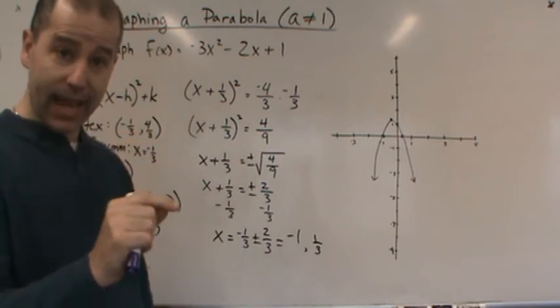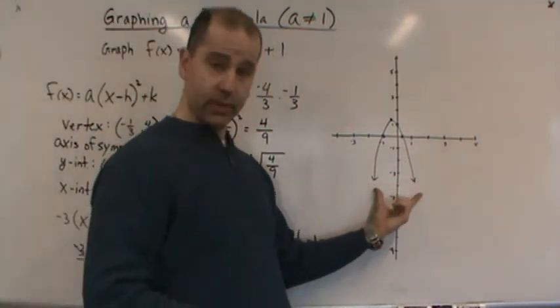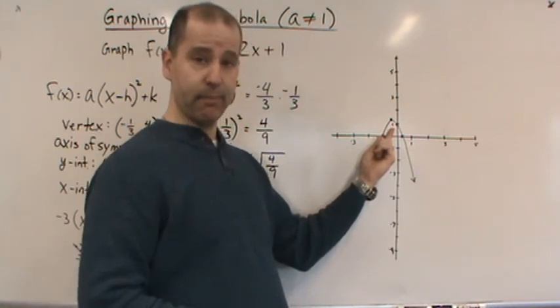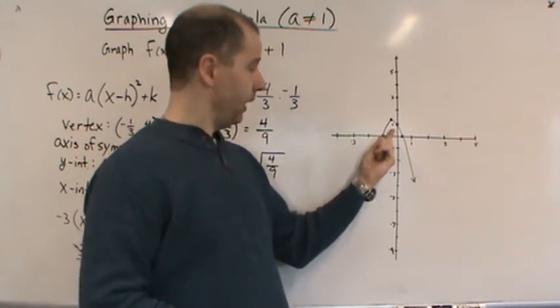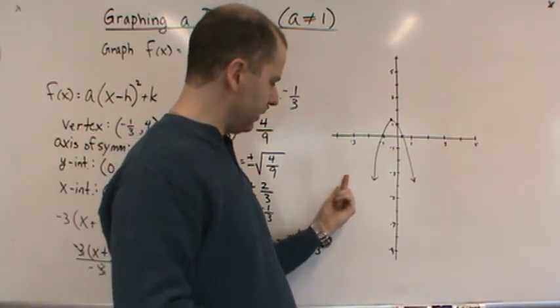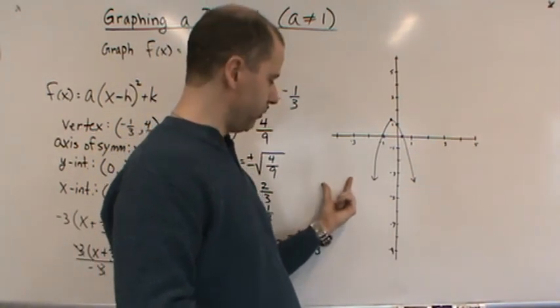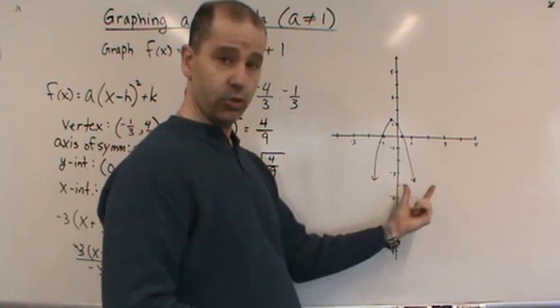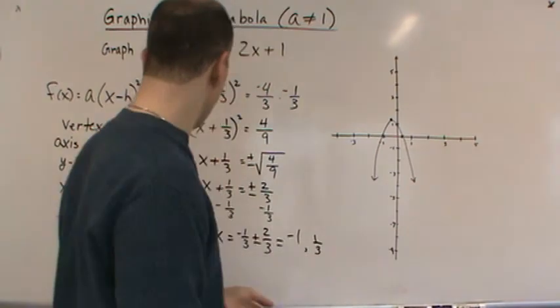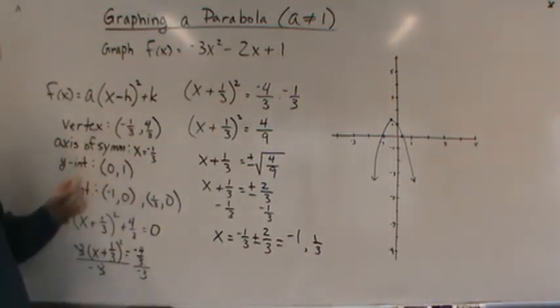So if a is negative, it opens downward, which means the vertex is going to be a maximum. And that means that as you move left to right, it's going to be increasing from negative infinity to the x value of the vertex, which is -1/3. Okay?